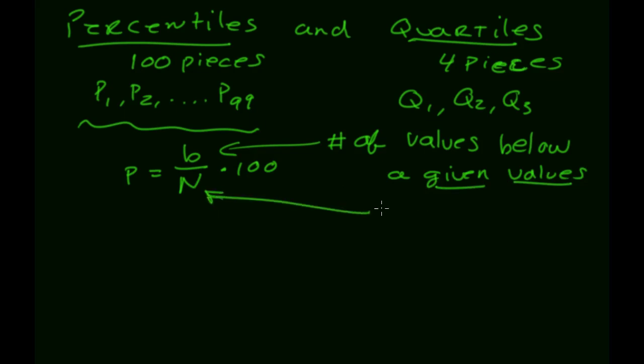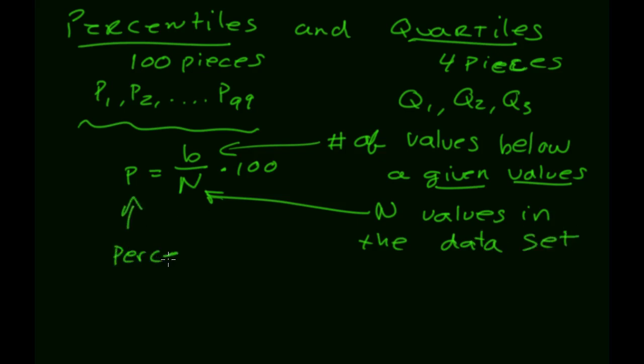N is the number of values in the data set. And P is going to give me a percentile number, and your given data value will be above that percentile number.